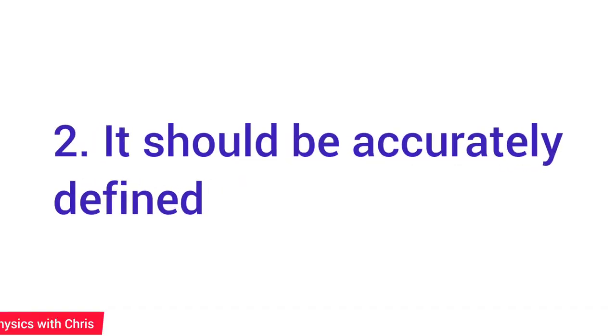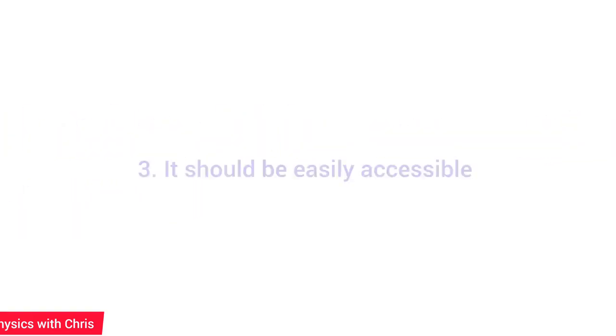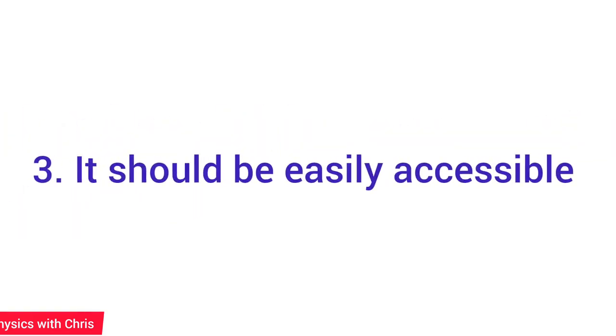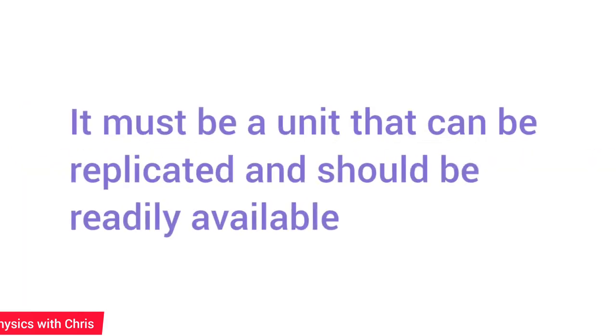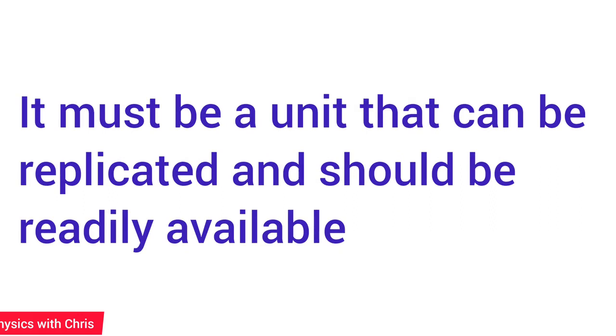It should be accurately defined. There must not be error associated with the unit that is chosen. Then it should be easily accessible. That standard for measurement must be easily accessible, and we should have replicas of it, and these replicas should be available everywhere.